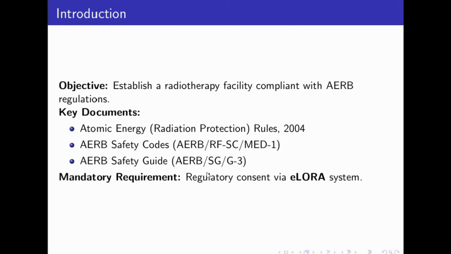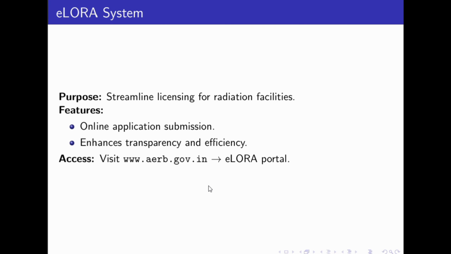For making the process easy, the AERB has provided an e-portal called ELORA, and the portal can be accessed through the AERB website www.aerb.gov.in. This is an important portal for any radiation worker or facility, because all the communication will happen through this portal only.